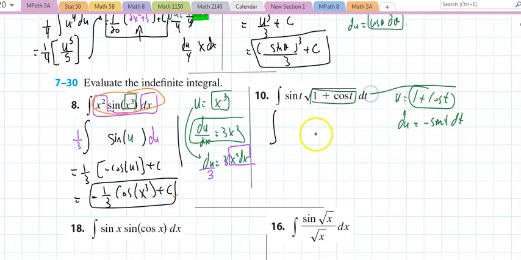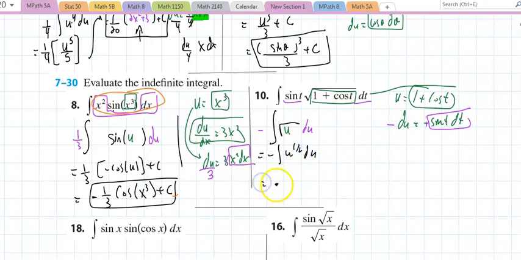This is my u, but it's underneath a radical. And sine of t dt is off by a minus. That's a small price to pay. And doesn't that become negative? Isn't that u to the 1/2?